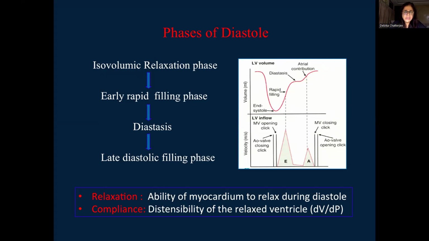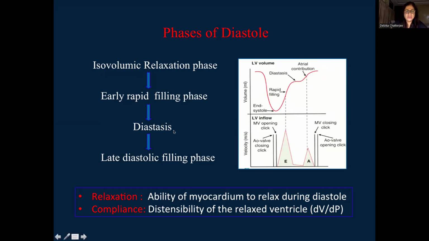Now, as it receives, the LV pressure goes up, and a time comes when the LV pressure and LA pressure become equal again, and there is no more pressure difference. So blood cannot flow from the LA to the LV because of the pressure difference. It is the flow from the pulmonary vein which can go directly to the left ventricle using the left atrium as a conduit.